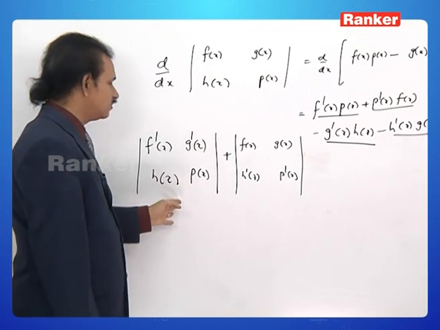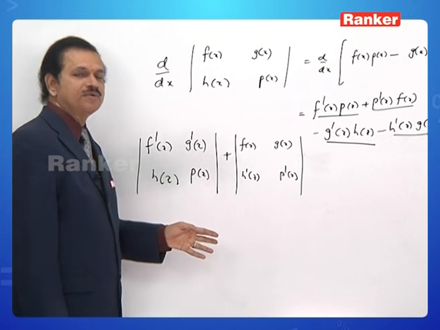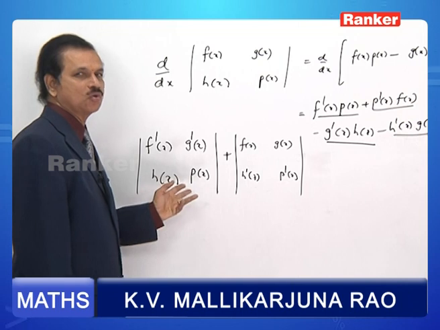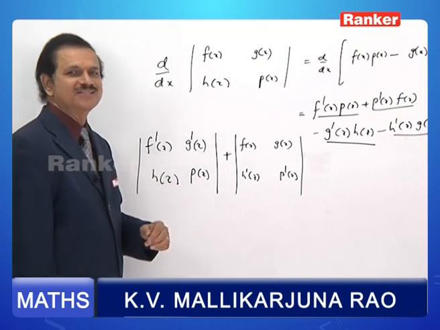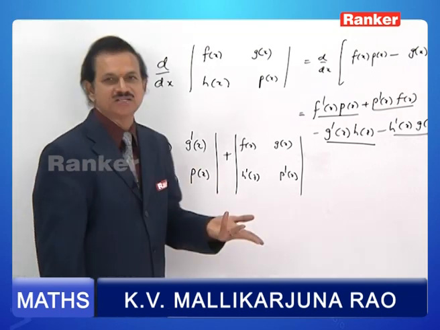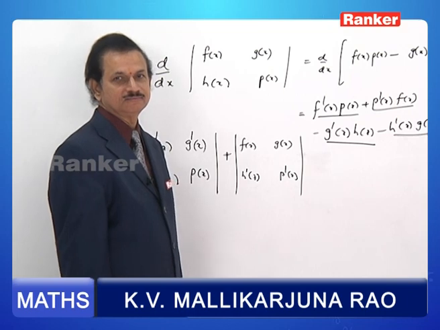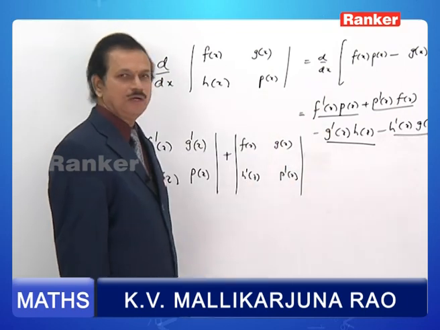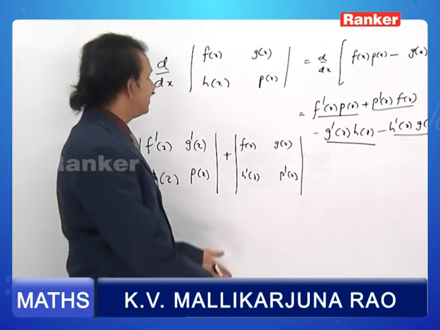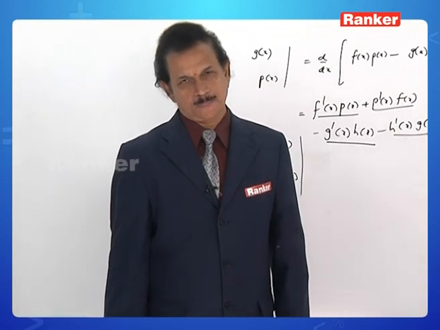Don't touch the remaining rows. You form one determinant. Plus, now you give the chance to those elements which are present in the second row for being differentiated. Okay, h dash x, p dash x. So instead of doing all these things, we can do directly like this. This is an illustration in the case of a 2 by 2 matrix.